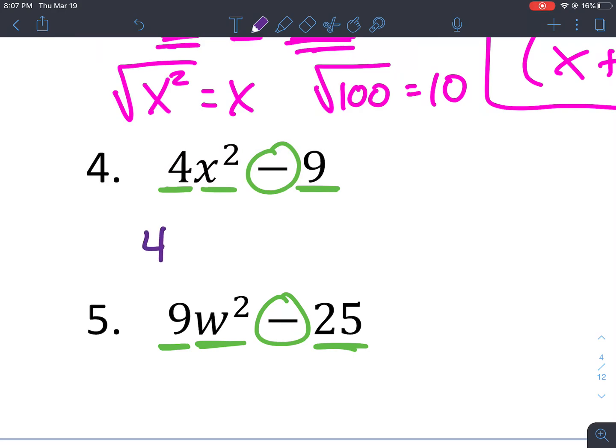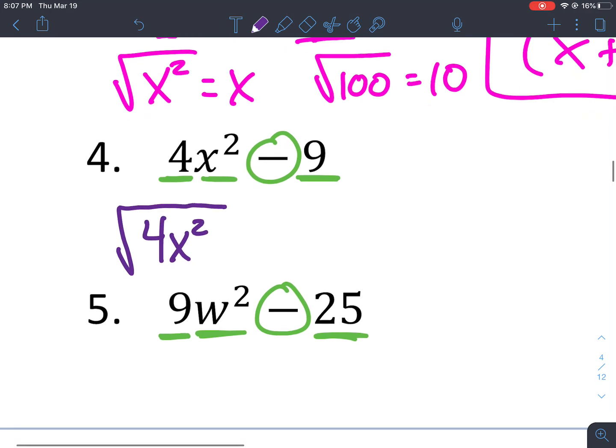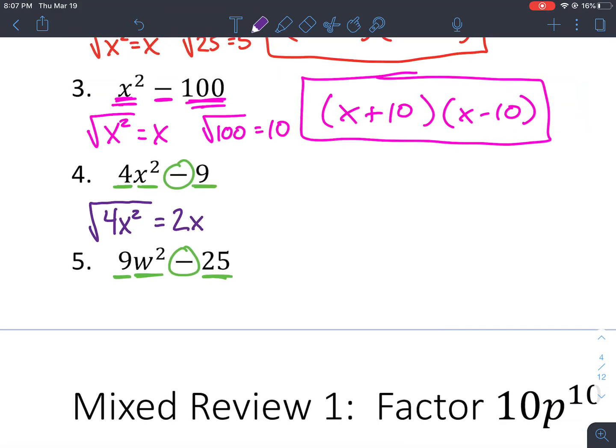Okay, if I've got 4x squared, I'm still going to take the square root. Now, I just remember, as we've talked about before, we treat our number separately from our variables. So I would take the square root of 4, which is 2. I take the square root of x squared, which is x. So, in my parentheses, that's going to be my first term. 2x is going to be at the start of both of them.